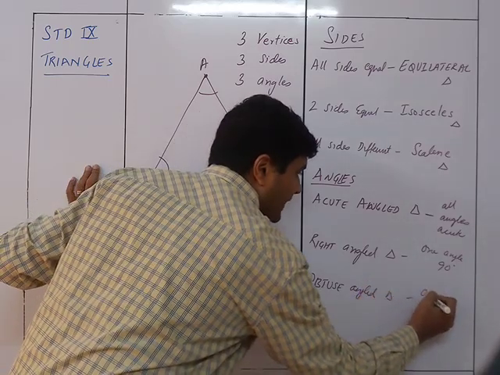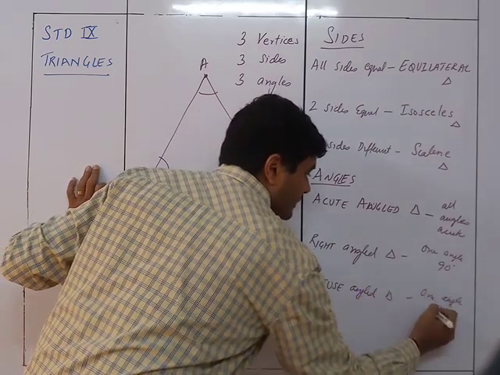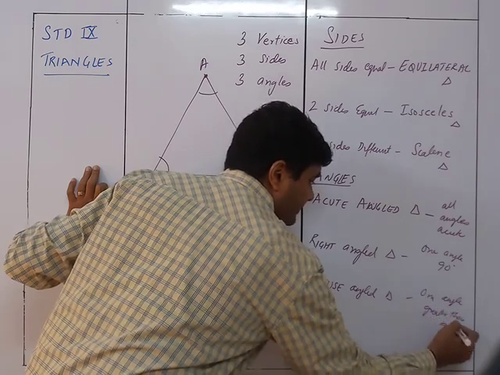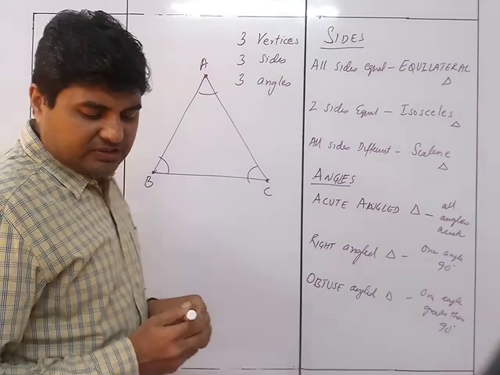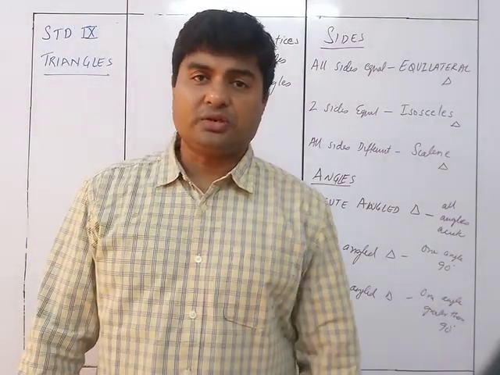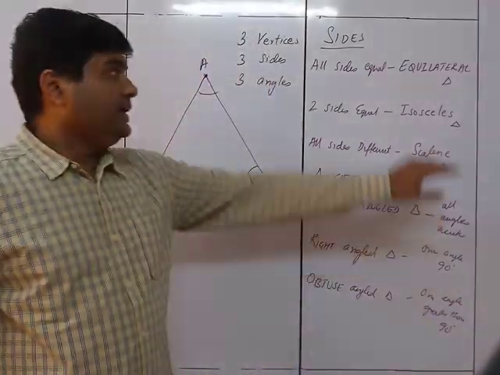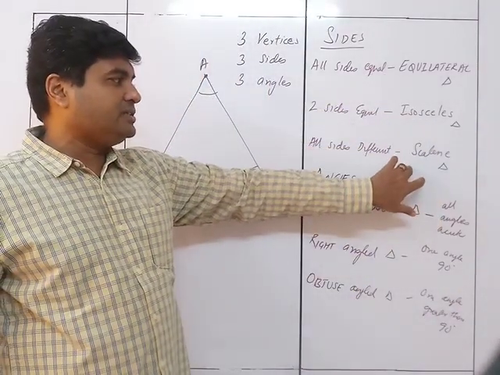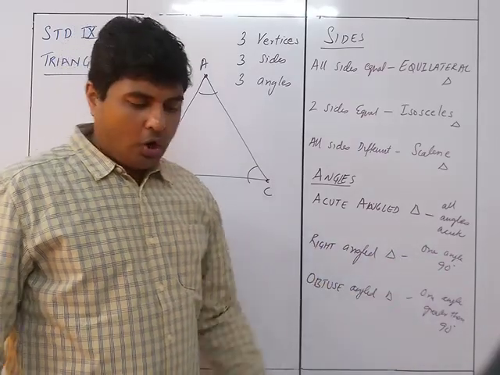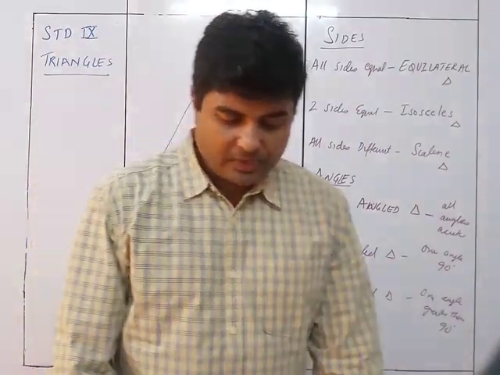So that was a general thing about the different kinds of triangles. Different triangles are equilateral triangle, isosceles triangle, scalene triangle, acute angle triangle, right angle triangle and obtuse angled triangle.